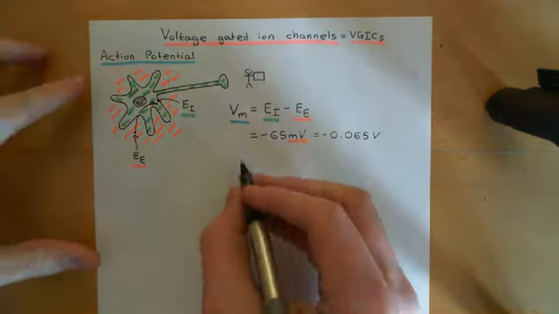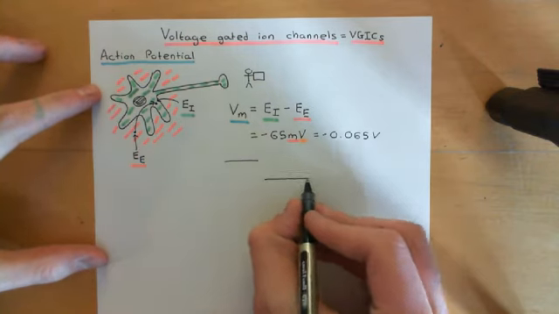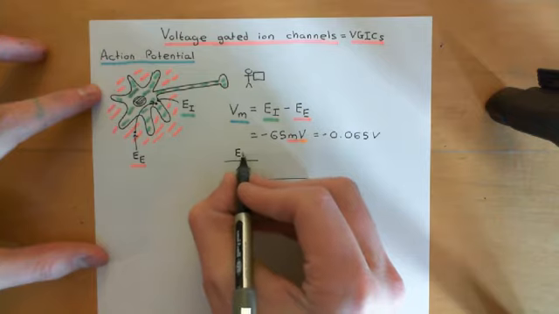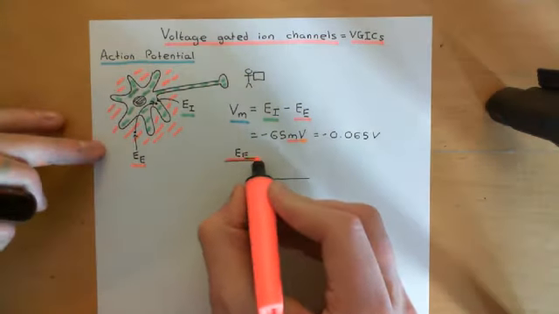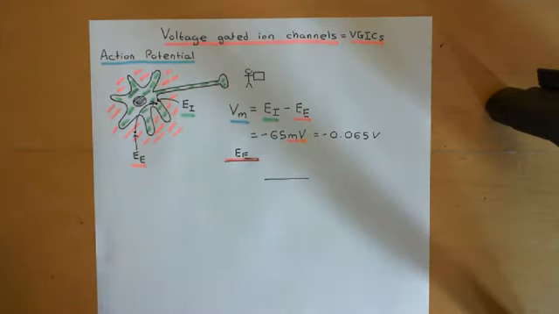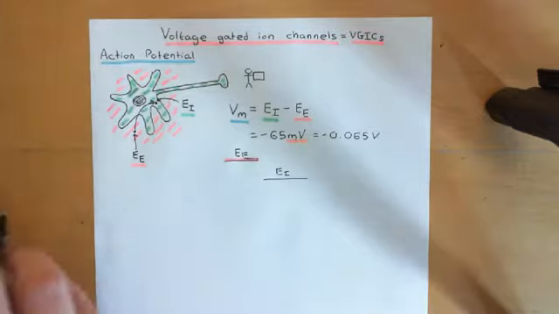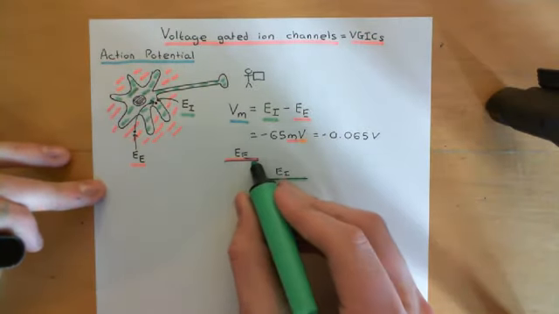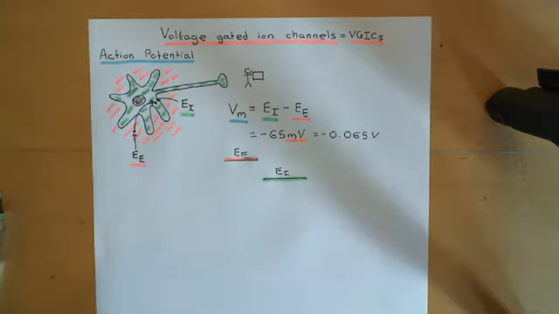We could show this quite simply on a graph like so. We could let this line here represent the electrical potential extracellularly. I will colour that line in red here. Then we could let this line below represent the electrical potential intracellularly. The electrical potential intracellularly is clearly on this diagram lower than the electrical potential extracellularly.